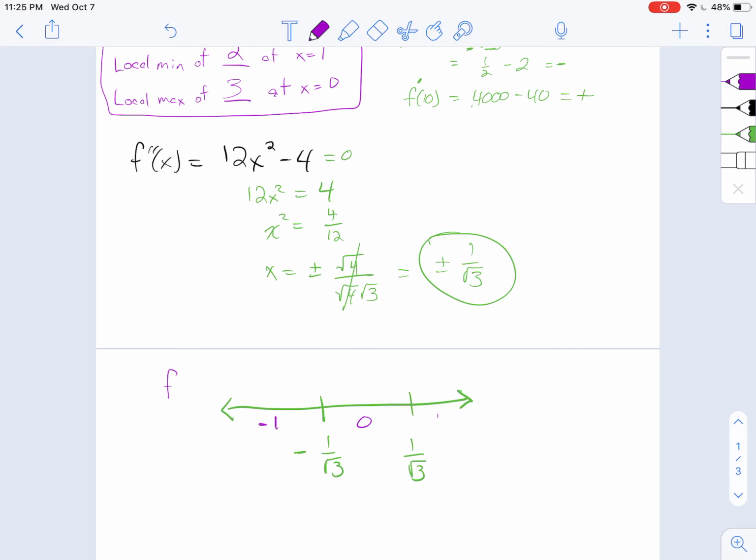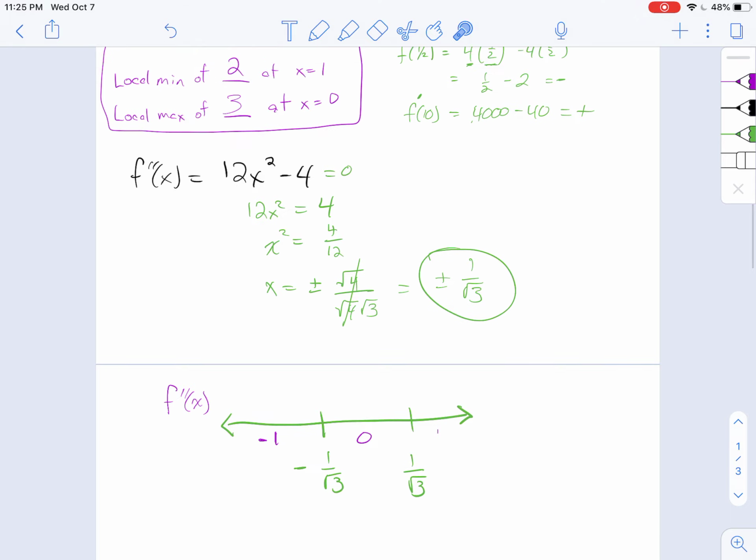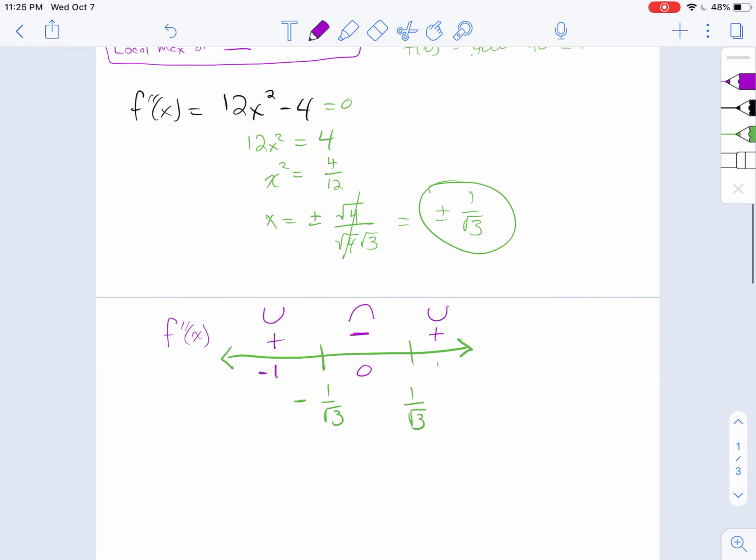Then if I look at f double prime in each of these intervals, f double prime of 0 gives me -4. If I plug in 1, I get 12 minus 4, which is positive. And if I plug in -1, I also get the same thing, so it's concave up here and concave down here.